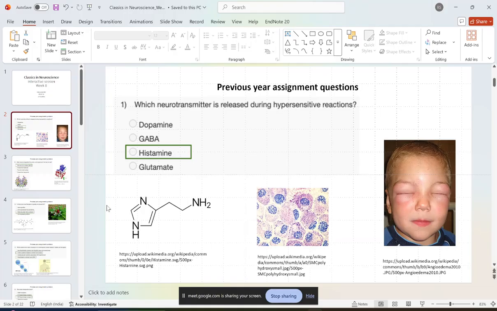And those are known as hypersensitivity reactions. There are different types of hypersensitivity reactions, type 1 to type 4. And during hypersensitivity reactions, immune cells such as mast cells and basophils release certain vasoactive substances such as histamines.